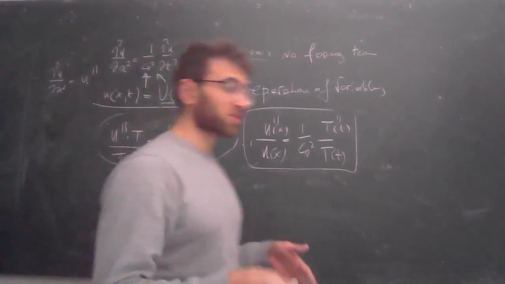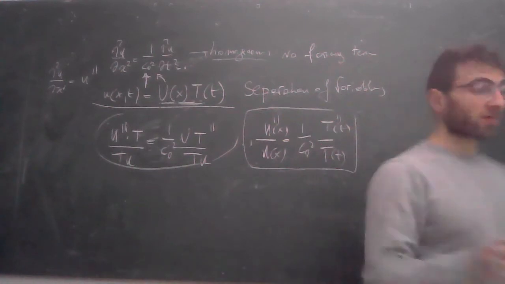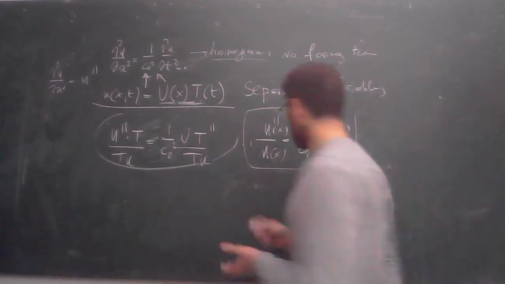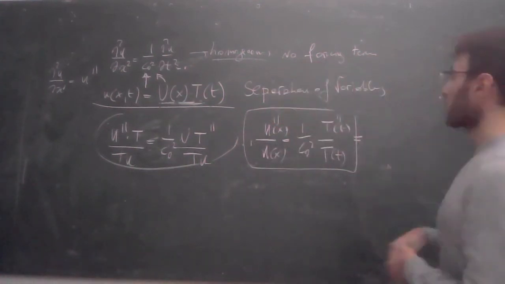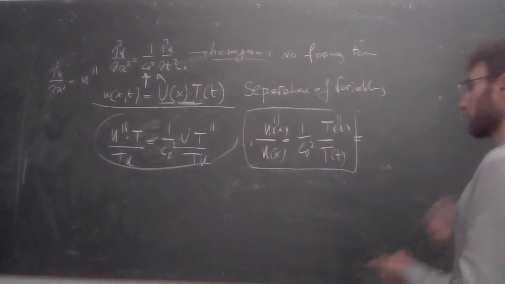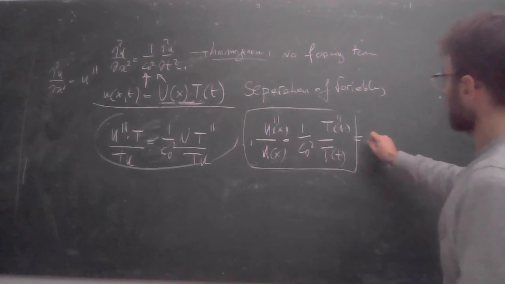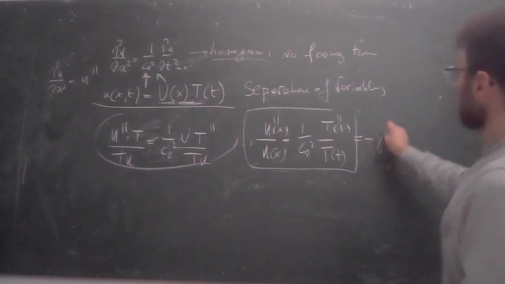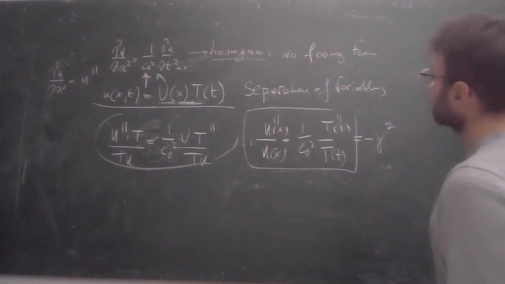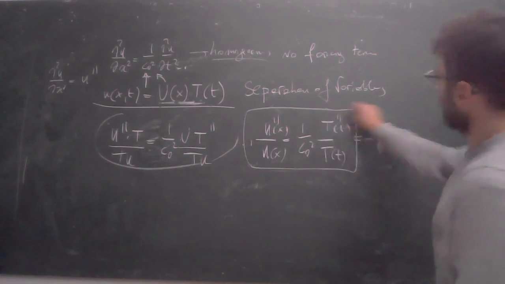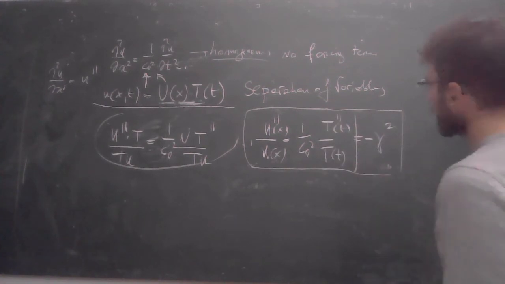The only condition where the two terms are equal is that they are both equal to a constant. And we call this constant minus gamma squared. I'll show you why.